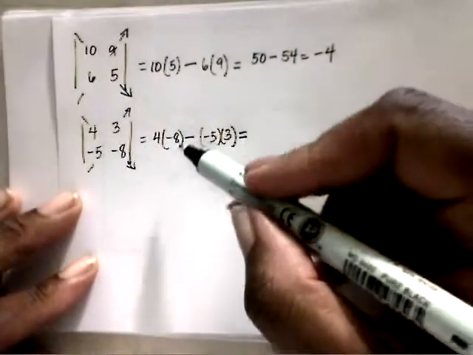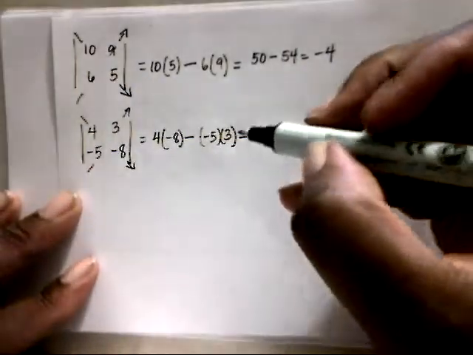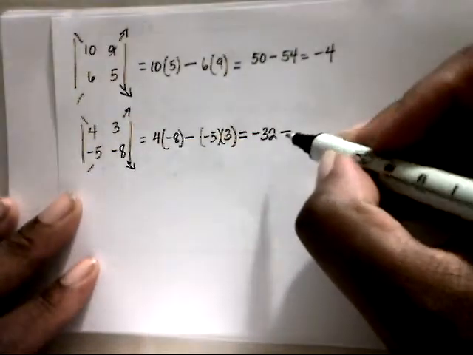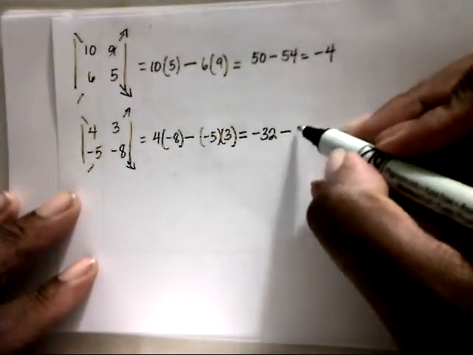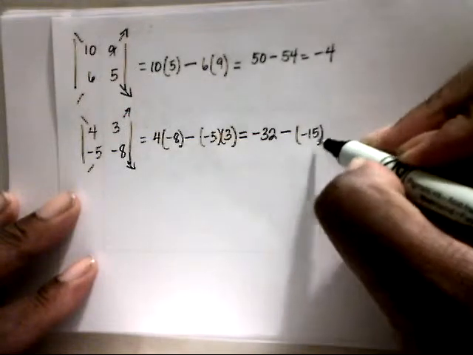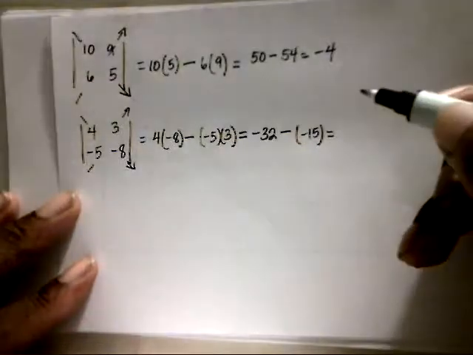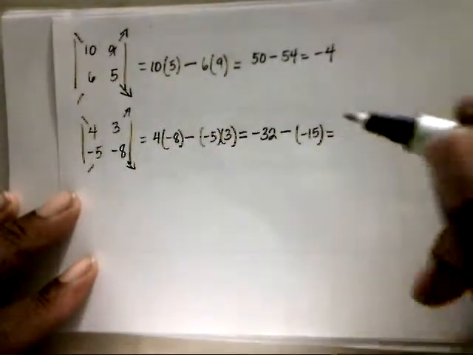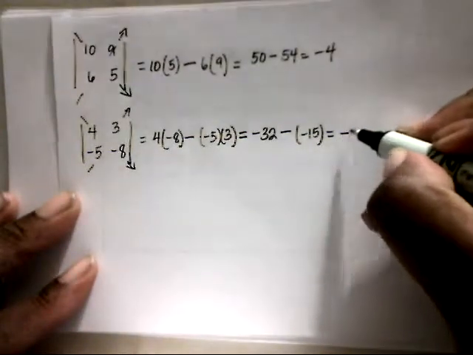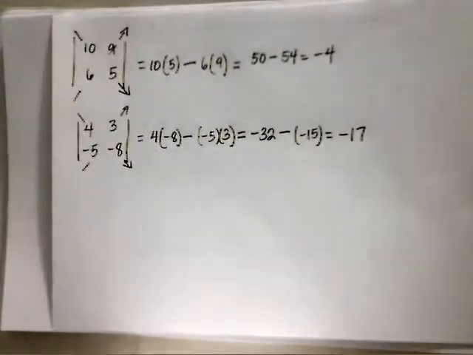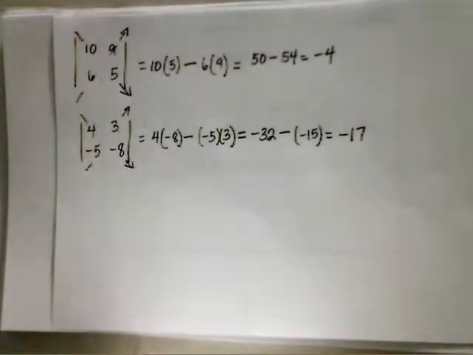If I do 4 times negative 8, that will give me negative 32, minus negative 5 times 3, which will be negative 15. And of course, negative 32 minus a negative 15 is the same as negative 32 plus 15, which will be negative 17. So the determinant of that 2 by 2 matrix would be negative 17.